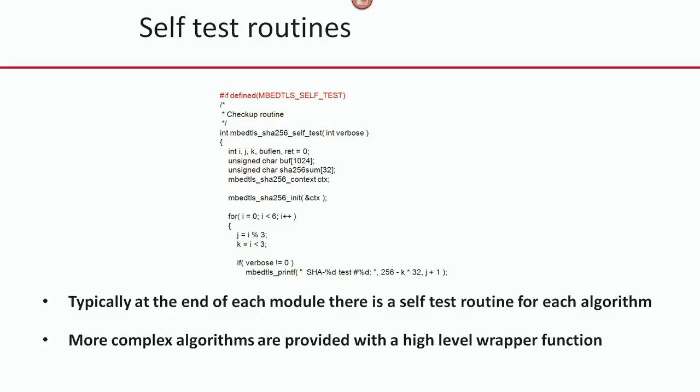If you have a look at the source code that's provided with the system, you can find these self-test routines, build them up and check that everything's working okay. And for the more complex functions or algorithms within the code, there are generally, as I say, high-level wrapper functions that allow you to build up a system which requires a number of algorithms to operate.